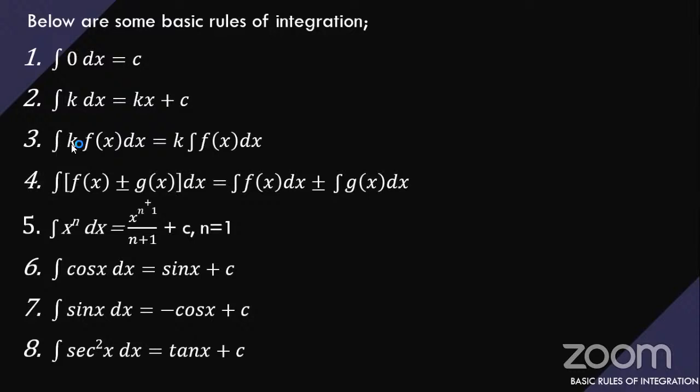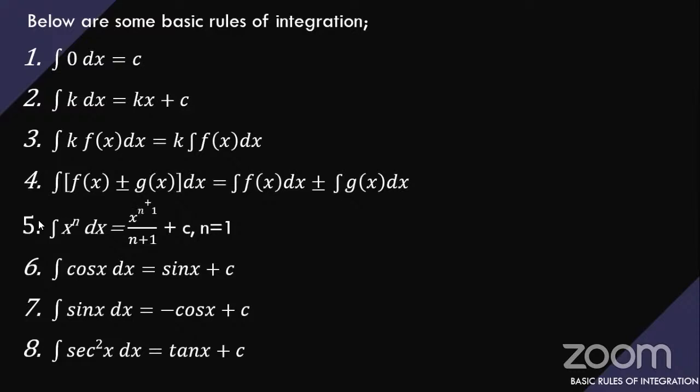And when we integrate k multiplied by the function of x dx, what we'll get is k times the integral of f of x dx. When we integrate the function f of x plus or minus g of x dx, what we are going to get is the integral of f of x dx plus or minus the integral of g of x dx.